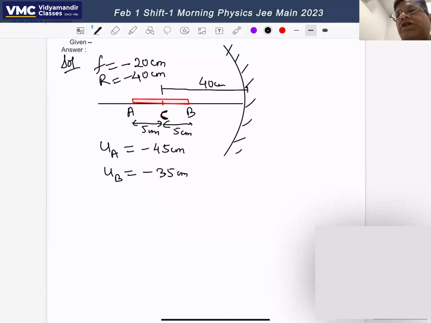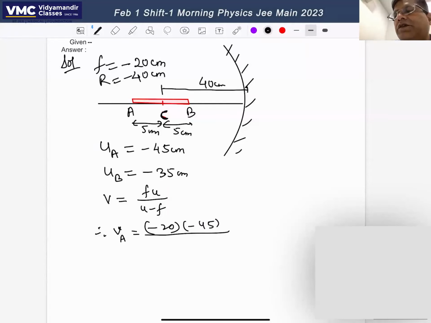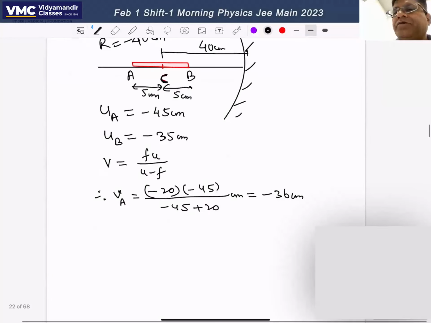And from the mirror formula, V is given as fU divided by U minus f. So the image distance VA will be given by minus 20 into minus 45 divided by minus 45 plus 20 centimeter, and this is nothing but minus 36 centimeter.